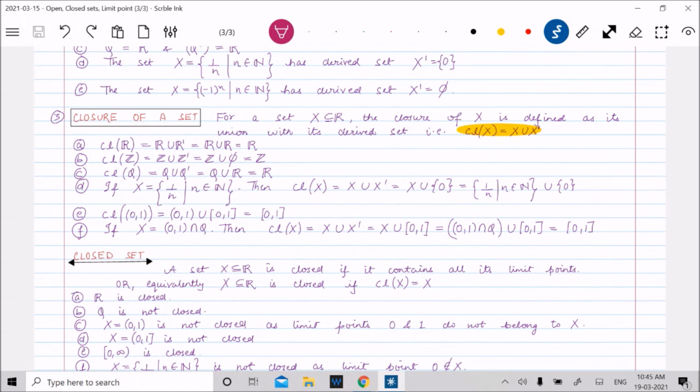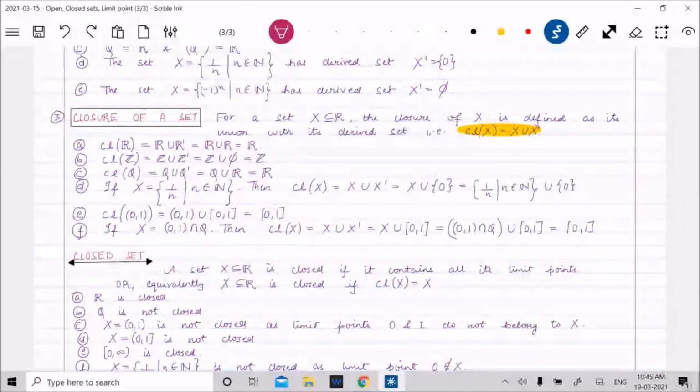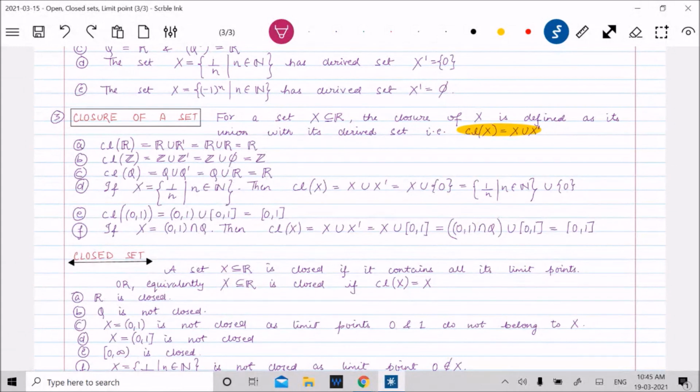So in order to minimize its size, the force of attraction should lie inward, not outward, right? And if you find the closure of a set, and that is actually the set itself, it means that the limit points of that set were actually lying within the set, not outside the set. That's why they are tending to maintain the shape of that set, right?